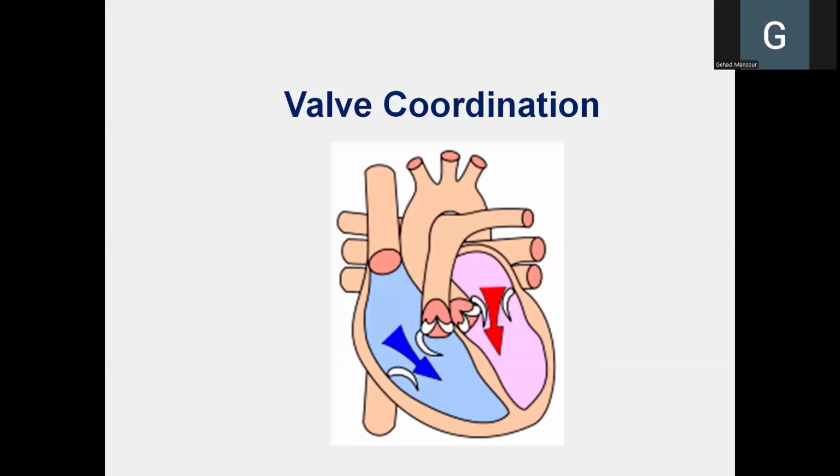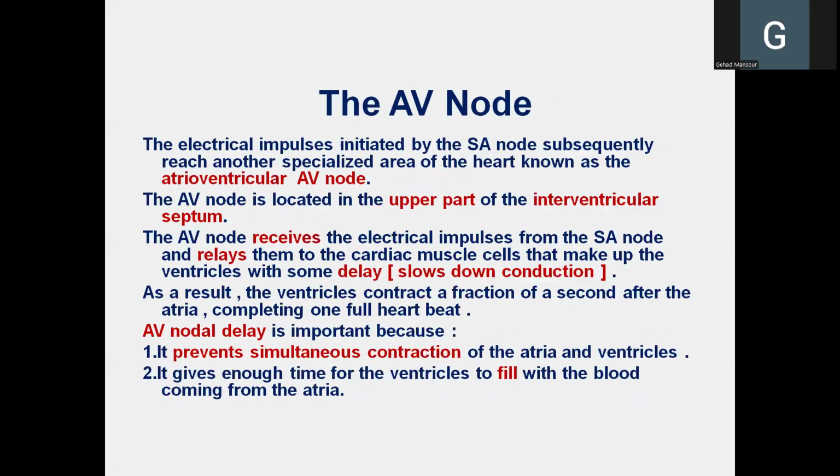It will take a longer period of time to finalize the spread of depolarization over the ventricles, and this simply means that it will be broader. A wider or broader ECG means that it took a longer period of time.